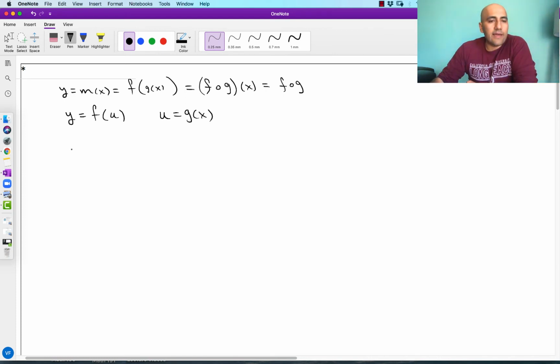So now if we want to find the derivative, let's go back to basics. Let's go back to the definition of what the derivative is.